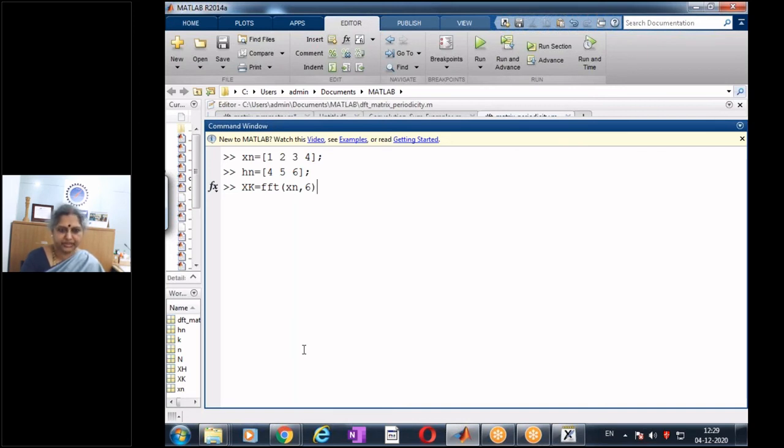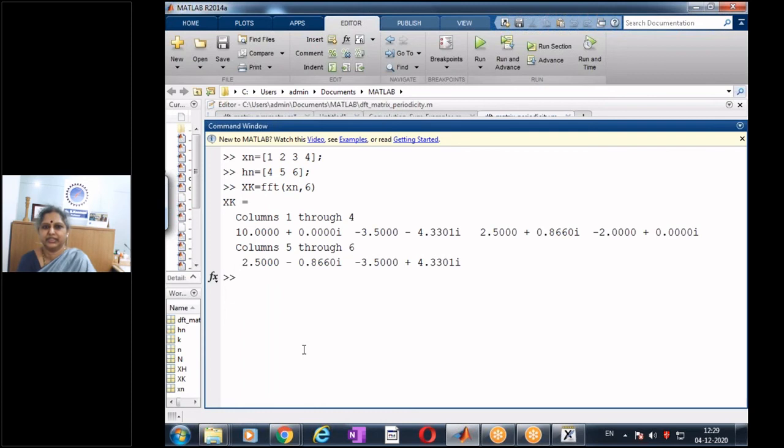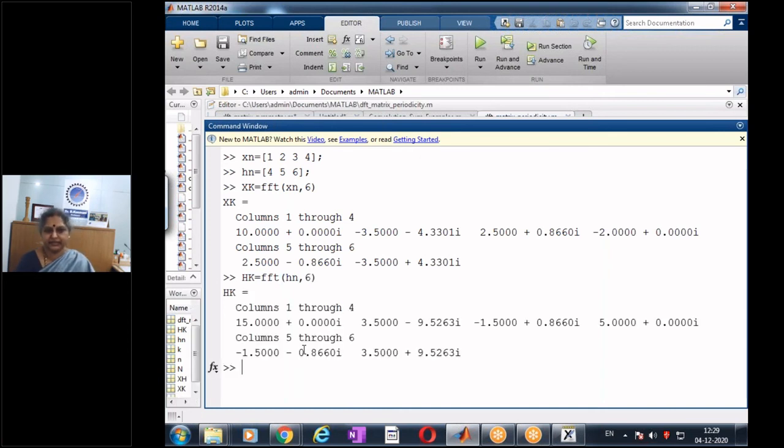Let's see the result. I have the result as 3, minus 3.5, minus 4.33j, 2.5, 8.866j, and so on. Similarly, let me compute h of k given by the 6-point DFT of h of n. I get a result, say 15, 3.5, minus 9.2, minus 1.5.866j and so on.